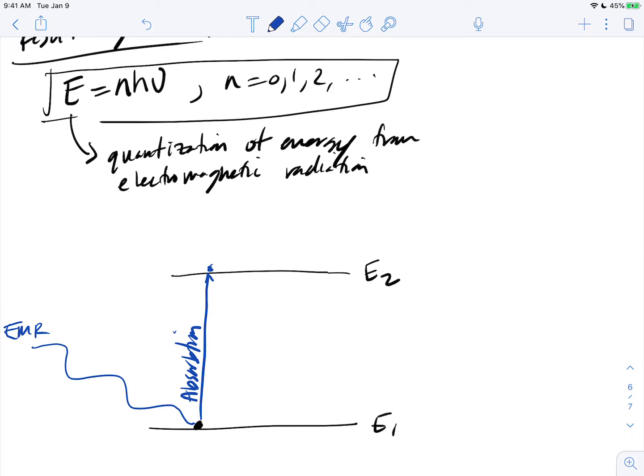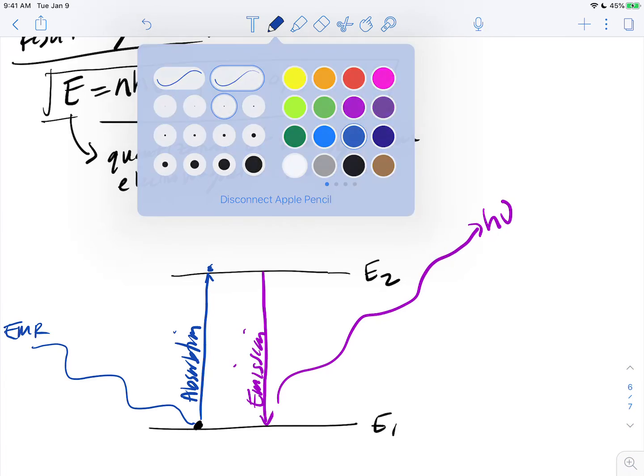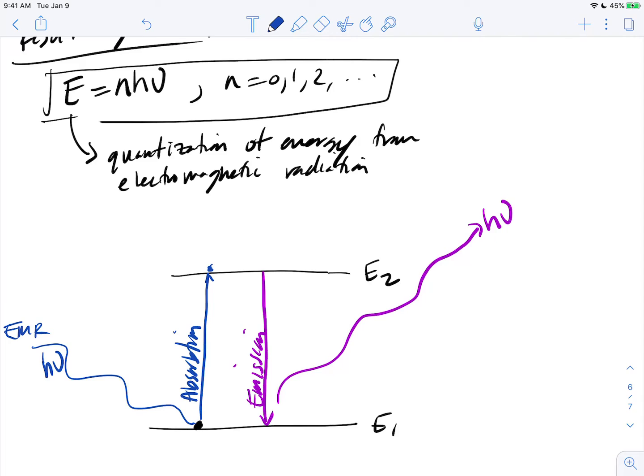But then we can also have the excited state going back down to the ground state, and a photon of energy would be emitted. We call this h nu, and this is emission, the emission of a photon back to the ground state, where these are different energy levels. So this is energy. Photons can be absorbed to put a system in an excited state, and then it can be relaxed back down to the ground state only with the emission of a photon.